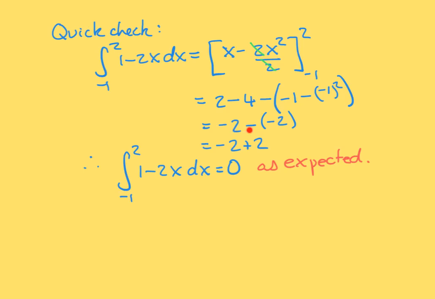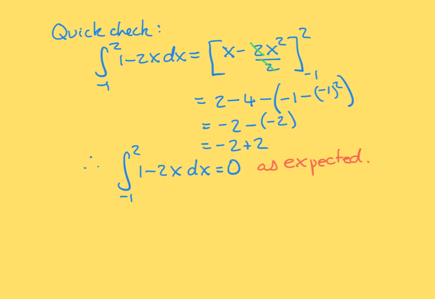So we have -2 minus -2. So that's -2 plus 2. So they are going to cancel. So our integral is going to vanish as we expected based on our geometric understanding of what the integral means.